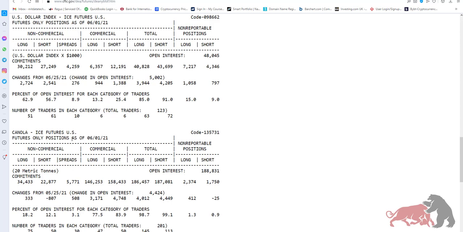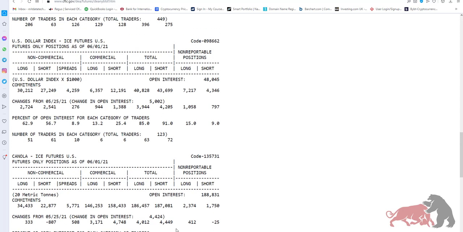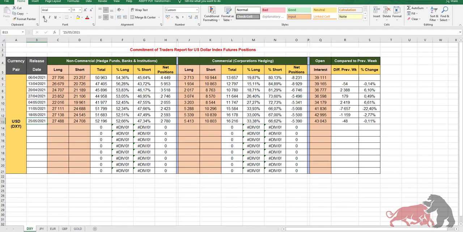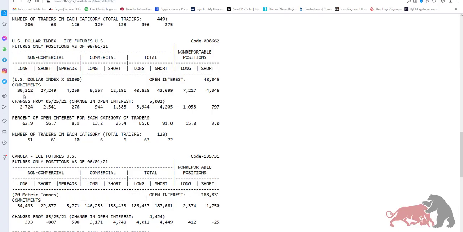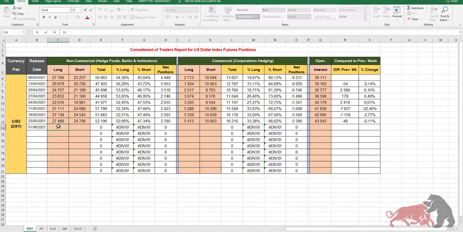So now we're going to look at the non-commercials for dollar index, and this is as of 1 June 2021. So we need 1 June, and as of the 1st of June, they are holding 31,212 long positions.